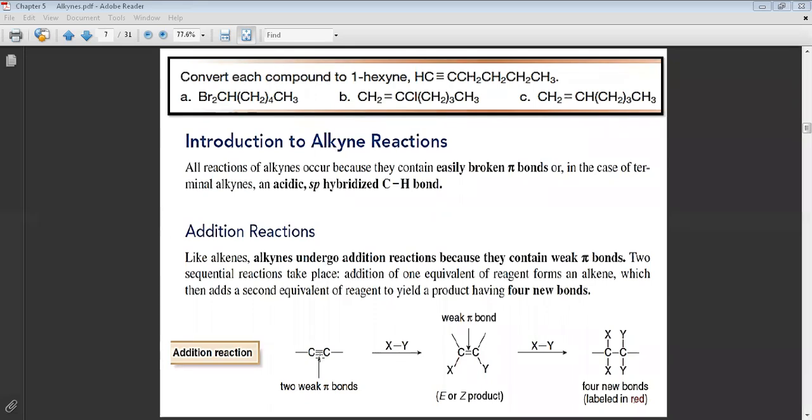For the alkene, if you remember, we have just one addition step, because we have just one pi bond. But here we have two pi bonds, so we can do a two-step addition. In step one, XY is added: the triple bond is converted to a double bond, and X and Y are added on the carbons.